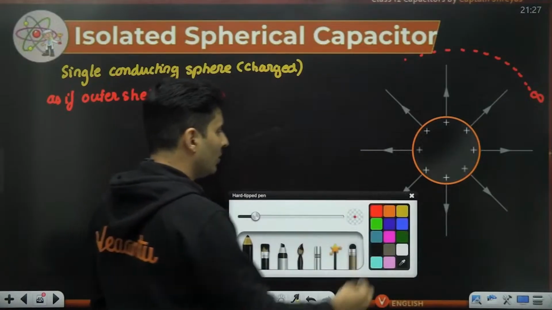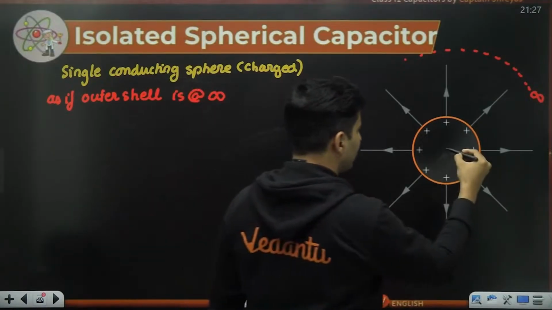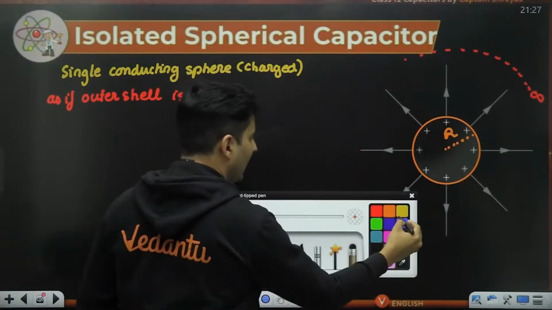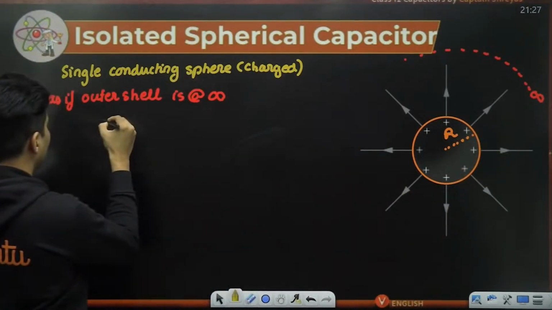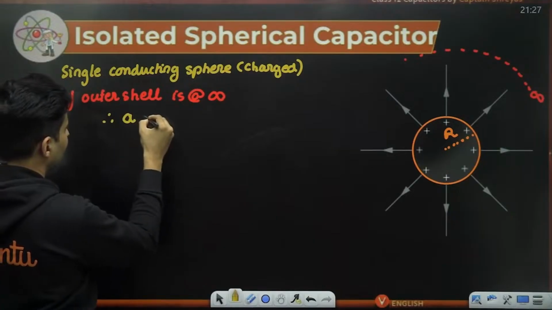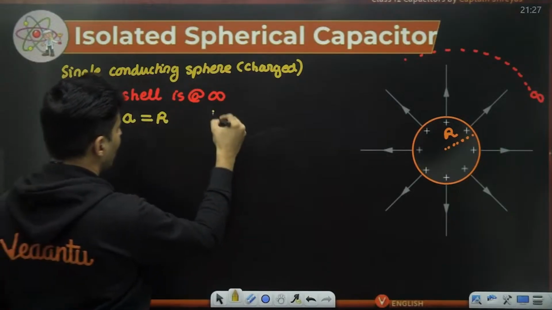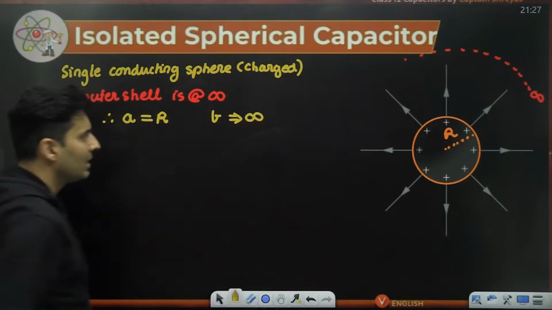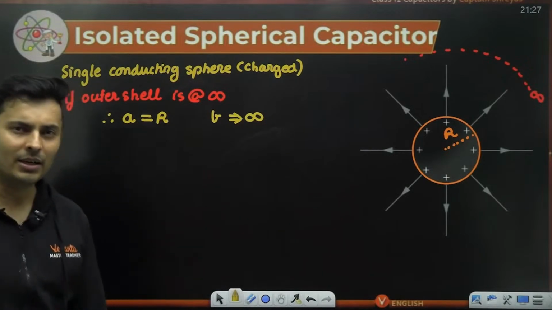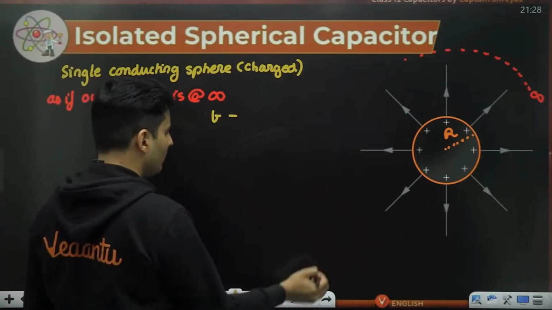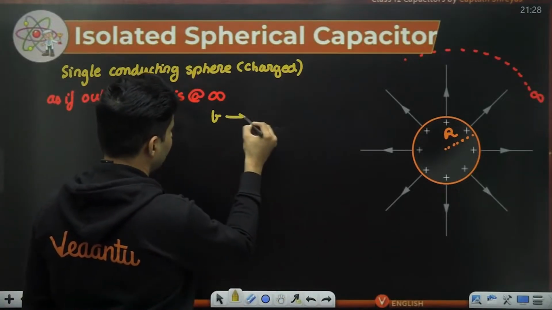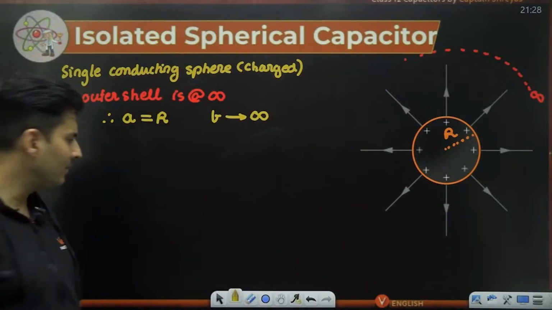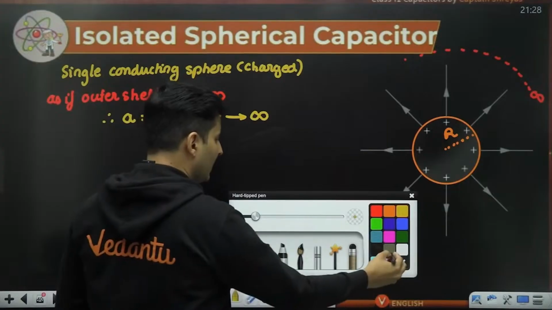So if this isolated sphere has a radius of r, then can I easily argue that the inner radius is r and the outer radius is basically infinity, or tending towards infinity. We cannot have any number equal to infinity, so tending towards infinity.